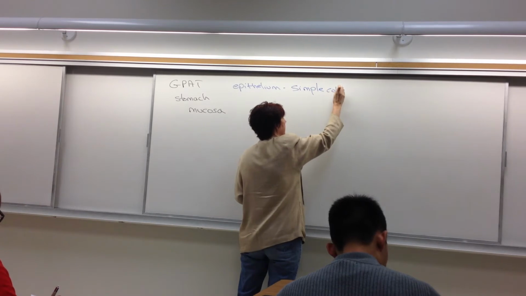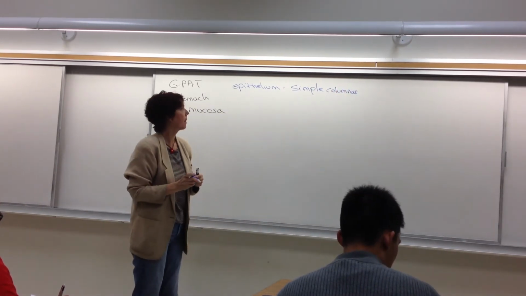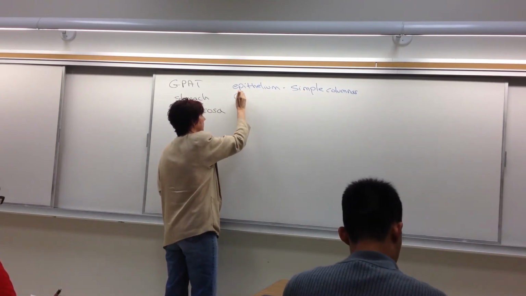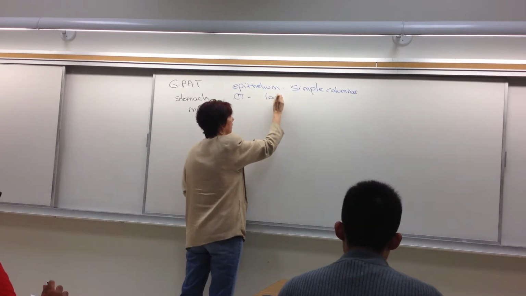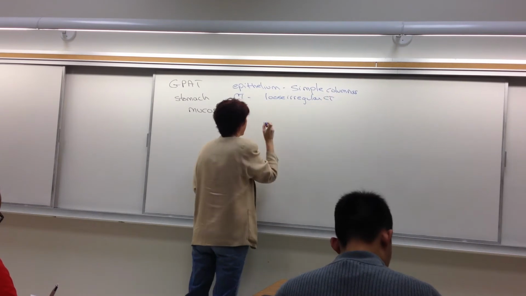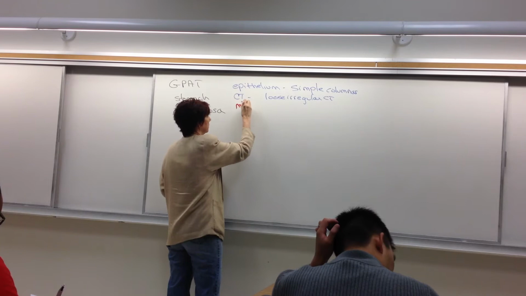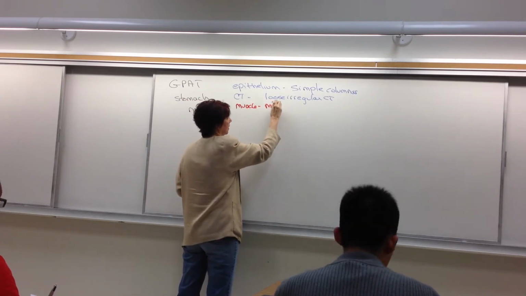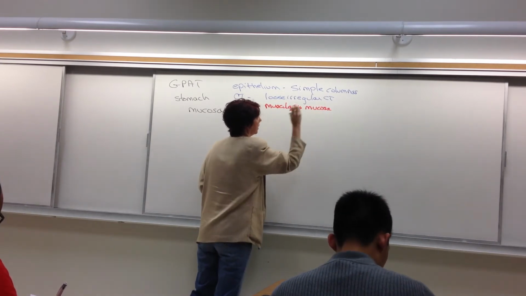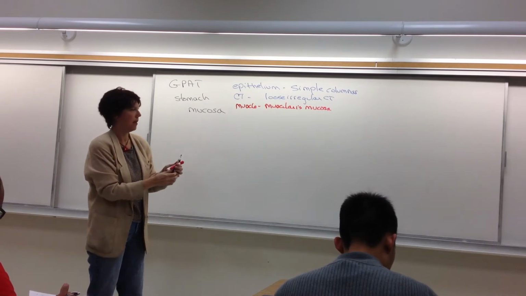We do secrete mucus. We have mucus cells, but not goblet cells. We have a loose, irregular connective tissue. And we have our muscularis mucosa. So we're going to see this pattern for the mucosal membrane all the way through the rectum.